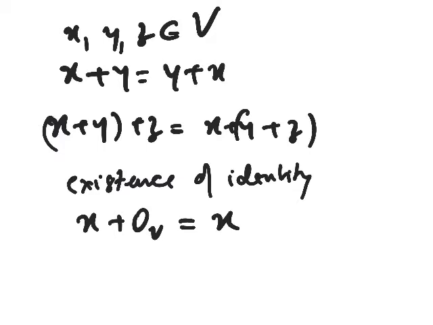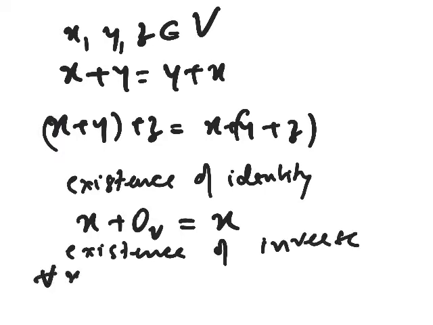Remember that you have got two sets. You have got a set of vectors V and you have got a field F. There is a 0 present in the set of vectors and then there is a 0 present in the scalars, the field also. So initially I'll just put V here to indicate that this is the 0 for the set of vectors. Then guess what would be the next one? Existence of inverse, right?